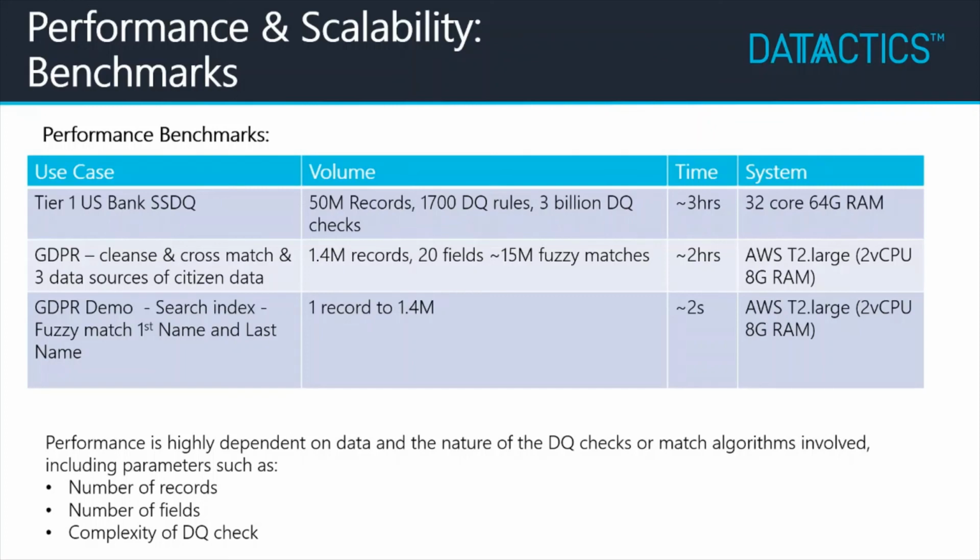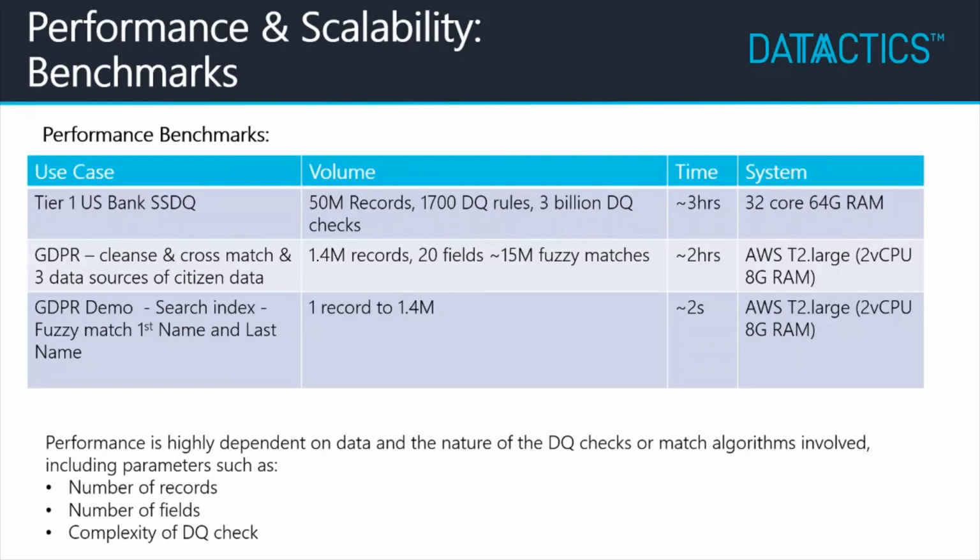The first use case is an implementation of self-service data quality measurement at a Tier 1 bank in New York, with an overnight batch job performing 3 billion data quality checks in approximately 3 hours on a single mid-range on-premise server.